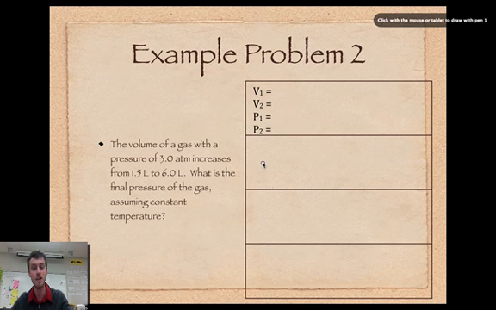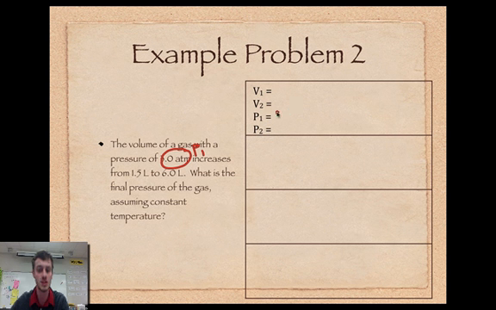Okay, so my first step, if you remember, is to write out all of my values. I'm going to circle that first number I have. It's a pressure. So I'm going to say 3.0 atmospheres is pressure 1. I'm going to go through here, and it says that the volume of a gas with the pressure of this increases from 1.5 to 6.